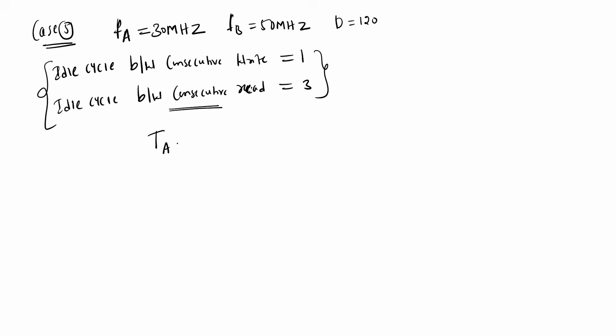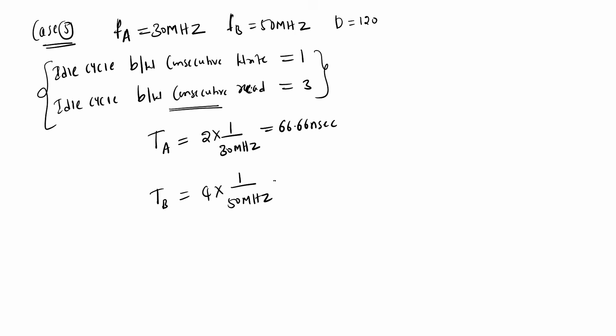Now TA equal to how much? 2 into 1 by 30 megahertz. So this is equal to 66.66 nanoseconds you will get. And TB equal to 4 into 1 by 50 megahertz.